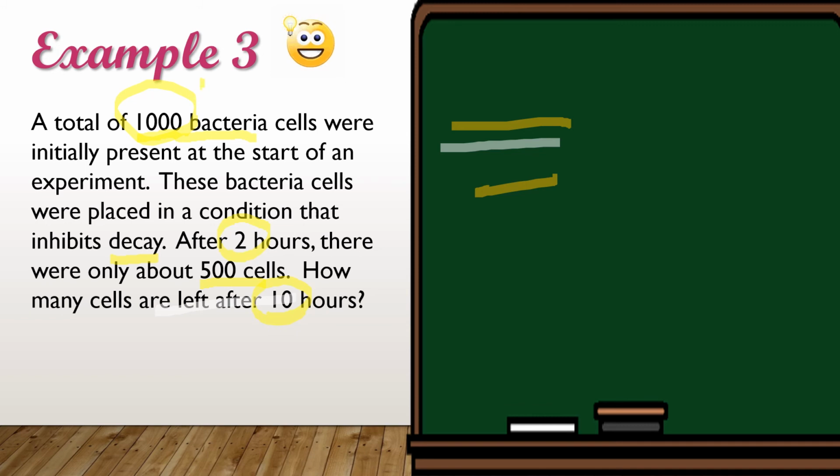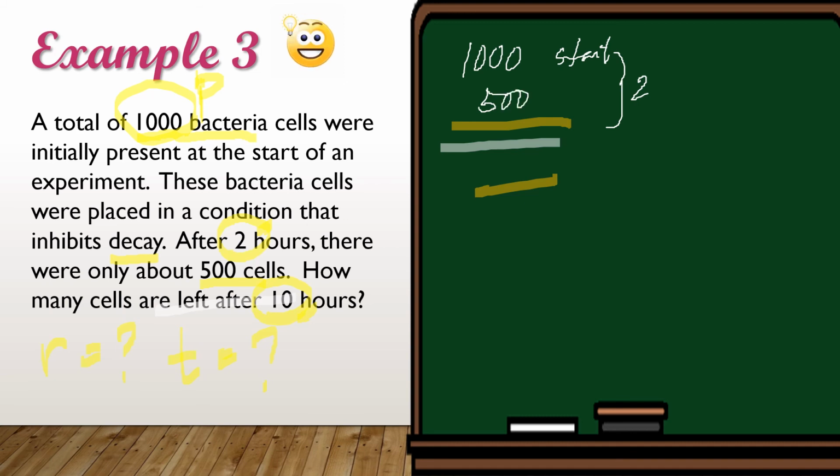So here the initial amount is the principal, and again we cannot see any percent, so we have to look for R, the ratio, and we have to look for the time because 10 nor 2 are not the correct time for us to put. Now let us analyze the problem. The initial number of bacteria at the start, meaning 0 time, and then after 2 hours, it becomes half.